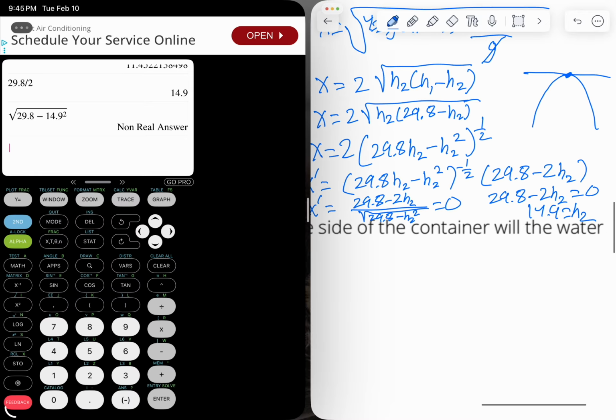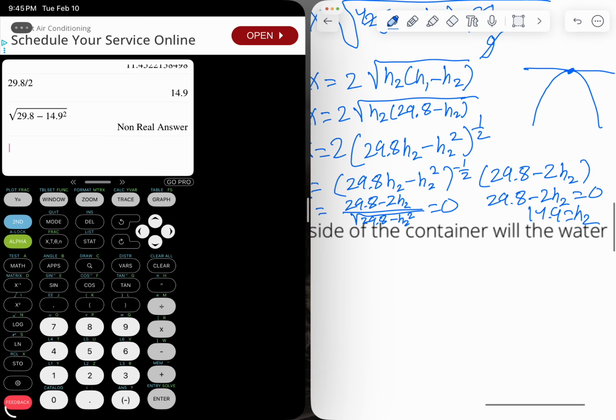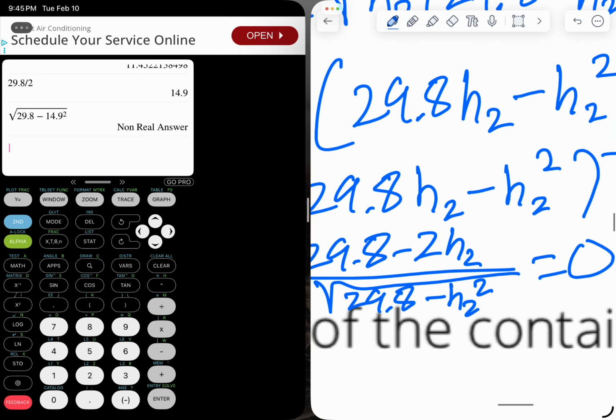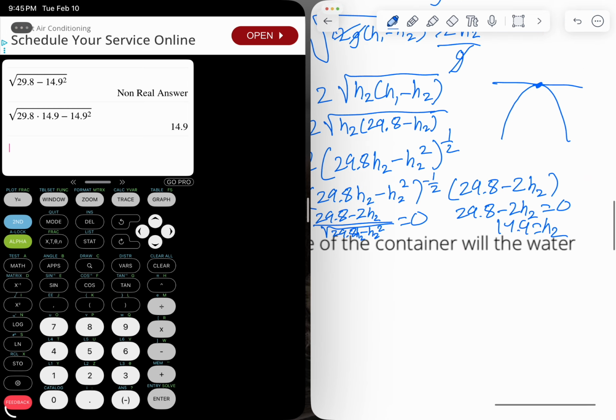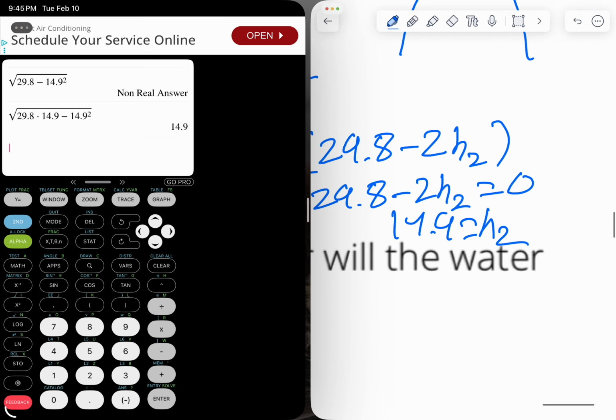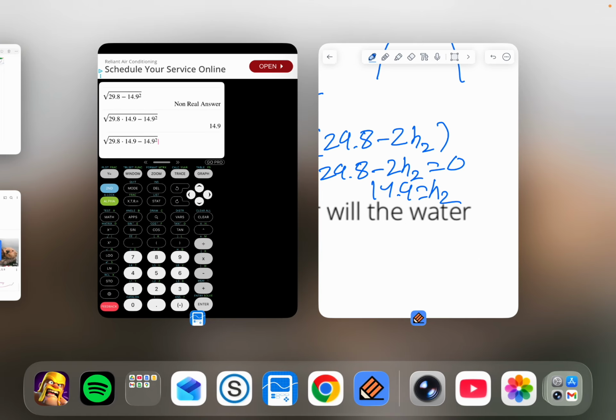Wait. Oh, I forgot to do h2. So it's 29.8 times h2 in our denominator. So if I do the square root of 29.8 times h2 minus that squared, I get a real number. So this number works. Okay, so this could be a possible maximum.